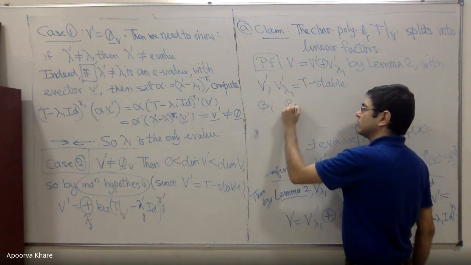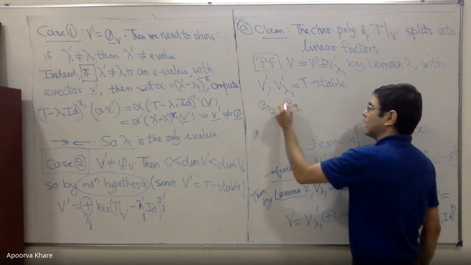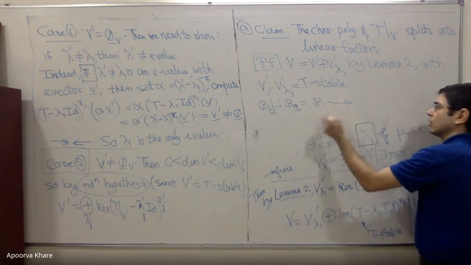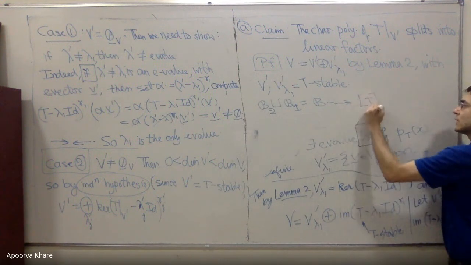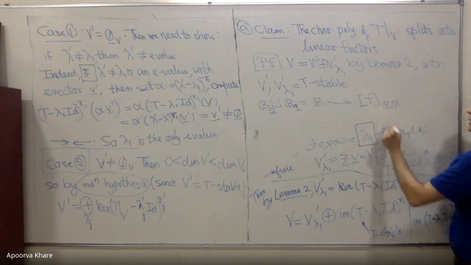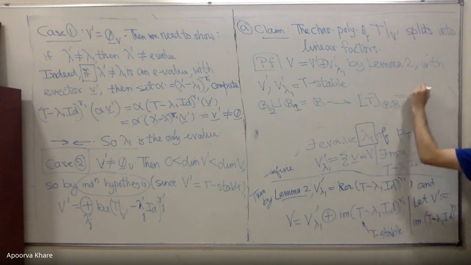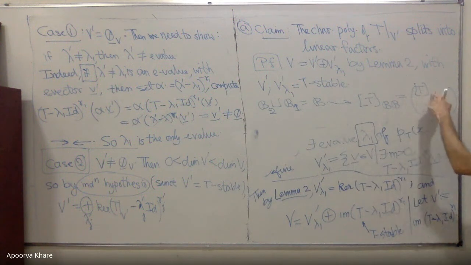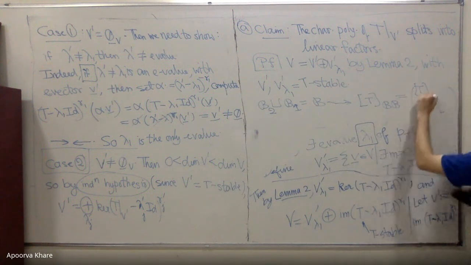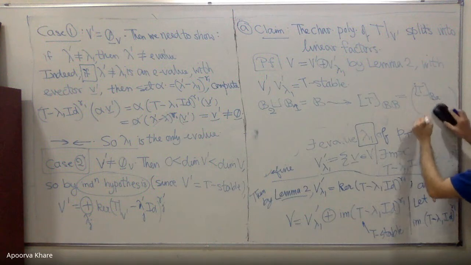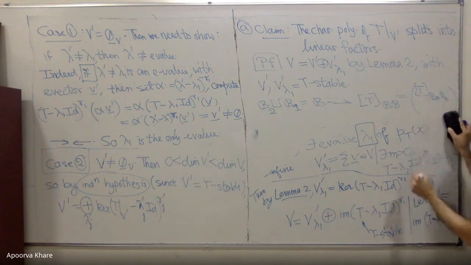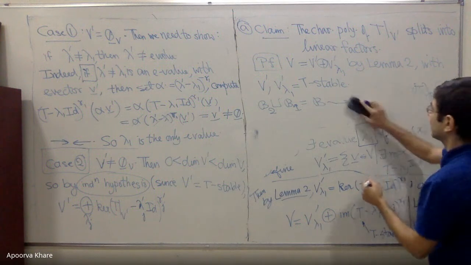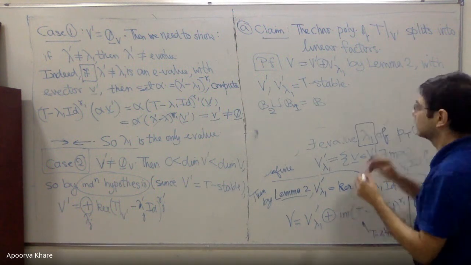Maybe I should call these B1 and B2. Then look at the union of these as B. What you can check is that T with respect to B is literally the matrix T with respect to B prime with the bases B1, B2.